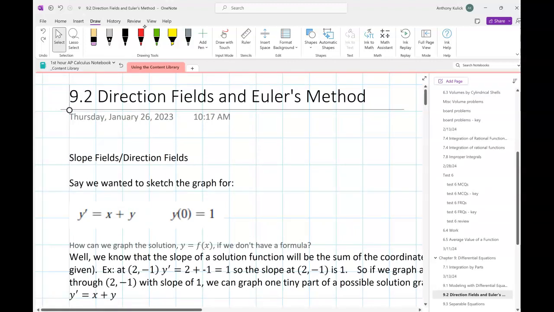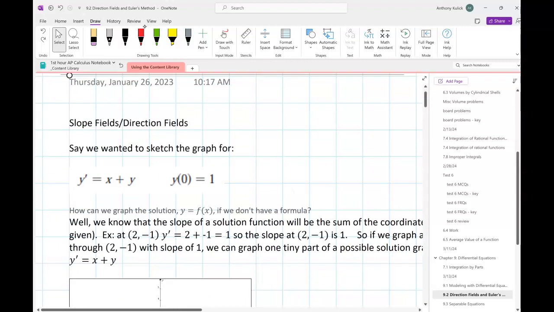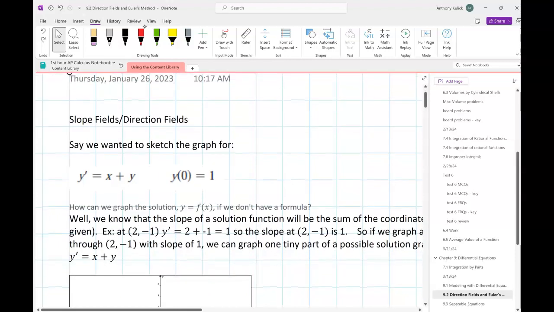Let's say we wanted to sketch the graph for this differential equation, y prime equals x plus y, with the initial condition y of 0 is equal to 1. What this differential equation is saying is that the slope for our solution should just be the sum of the coordinates at that point, right?